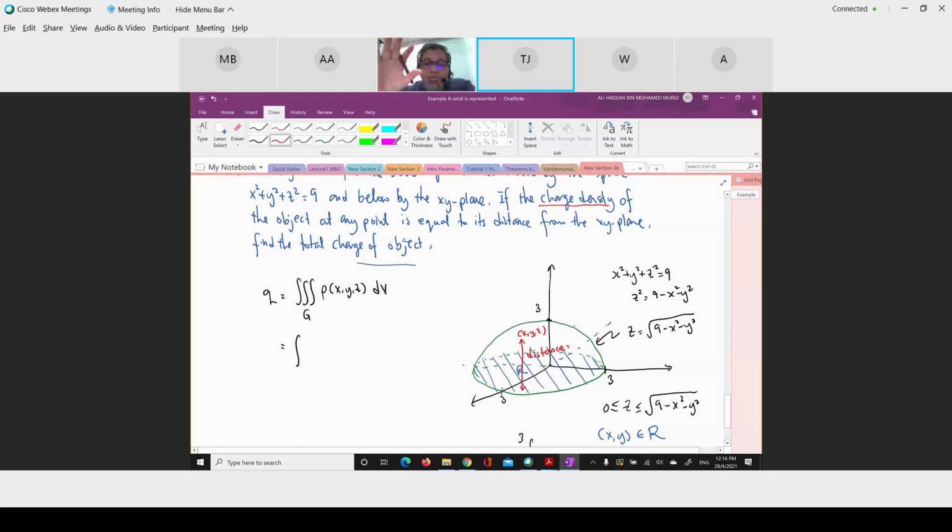No, x, y, z can be any point, not on the surface only, but it can be any point inside. x, y, z can be on the surface as well as inside. So the distance is equal to z, isn't it? The height of the point from the xy plane is equal to z, and z is positive because this object is above the xy plane. So rho here is equal to z.